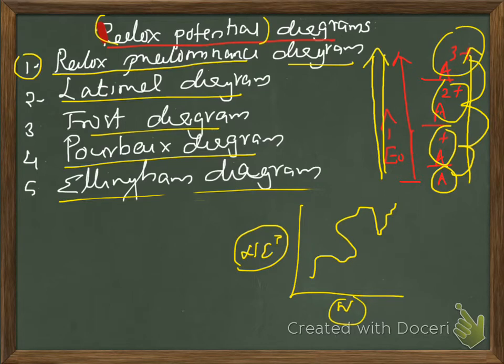That is Frost diagram. In Pourbaix diagram, we have to plot pH against electrode potential. That diagram is useful for studying the variation in the potential with change in pH, when we move from acidic to basic or neutral medium.